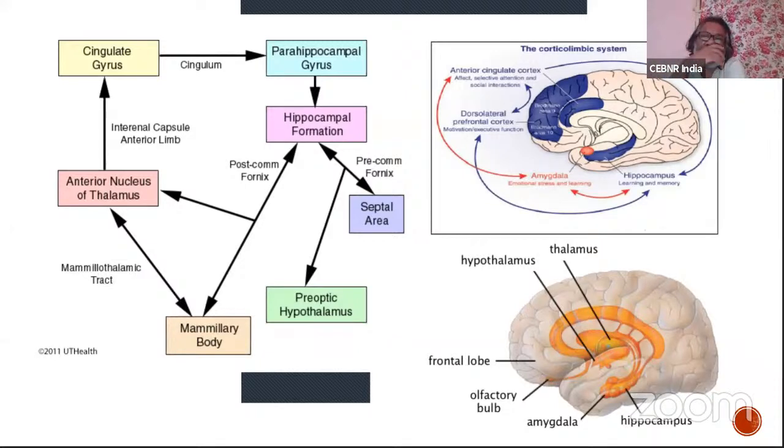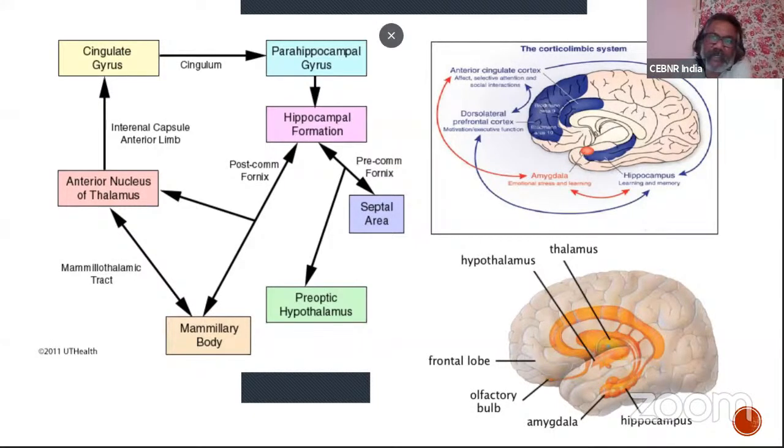As I told you earlier, smaller mammals don't have larger frontal areas. Rats, for example, are mostly driven by your limbic system rather than your frontal brain. So there is a connection between your frontal brain and the limbic system. The frontal brain can actually suppress or has control over your limbic system.